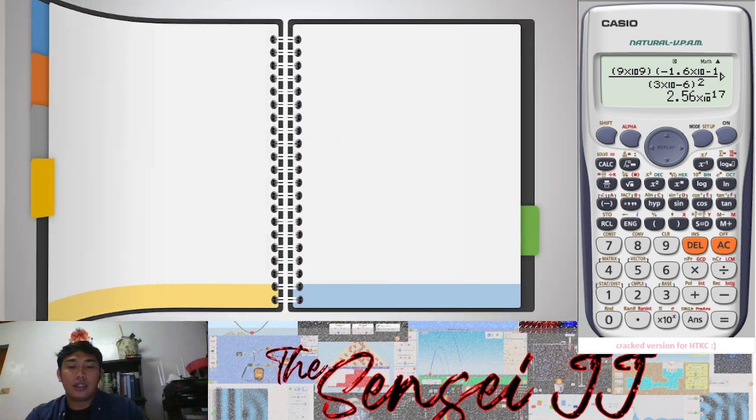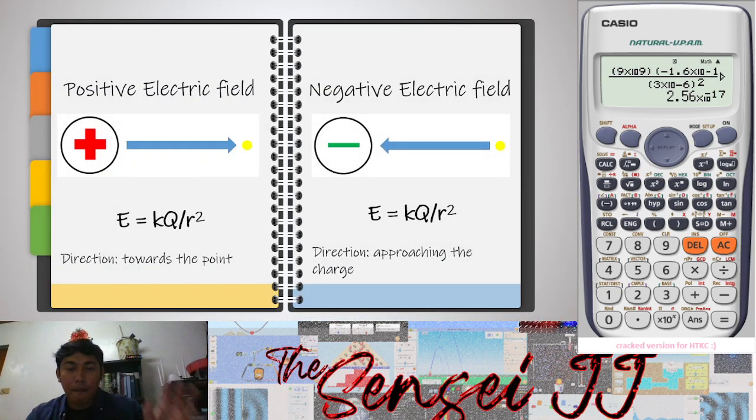Hindi ako nakapag picture ng aking simulation para maipakita ko sa inyo that in a certain point in an electric field, when you place an electric charge, the positive electric field is the one giving out the charge. That's why the direction is towards the point. While in the negative electric field, the point is nearing the electrons.